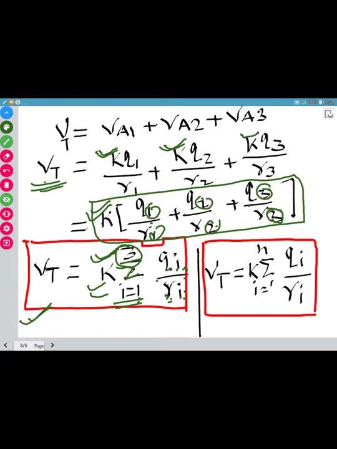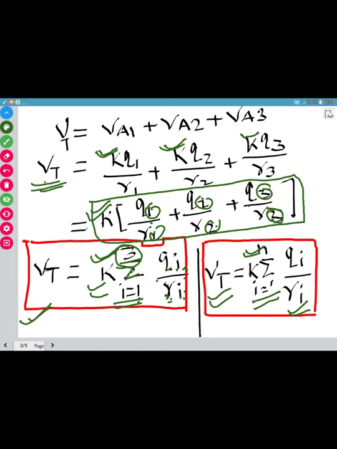Now for n number of charges, the same expression can be written as K times the summation, i equal to 1 to n, of Qi by Ri. So this is the superposition principle, and it is used to find the potential at any point due to n number of charges.